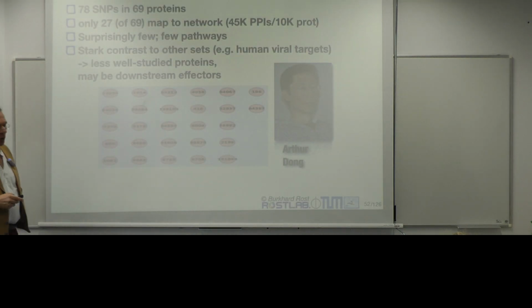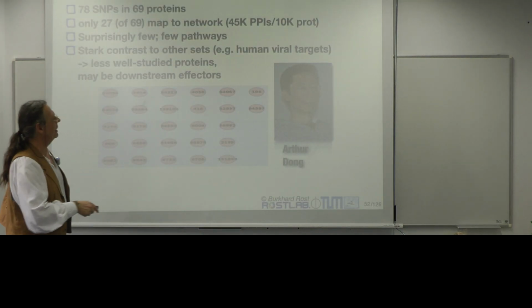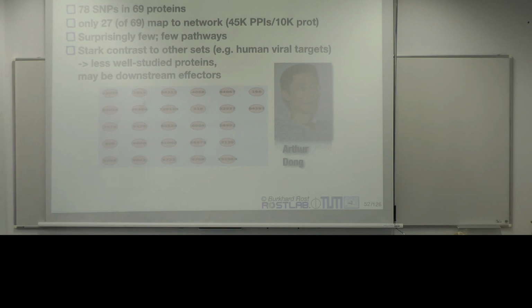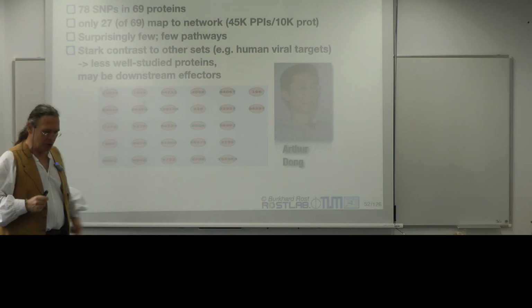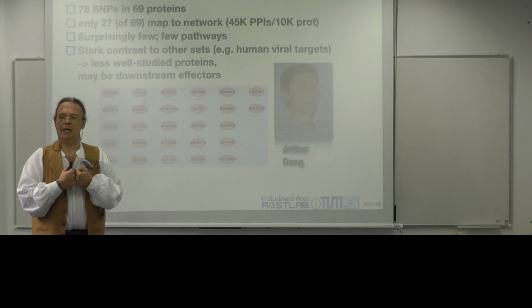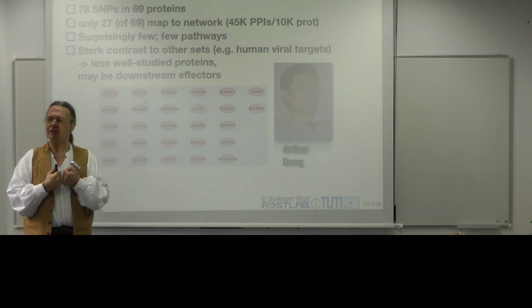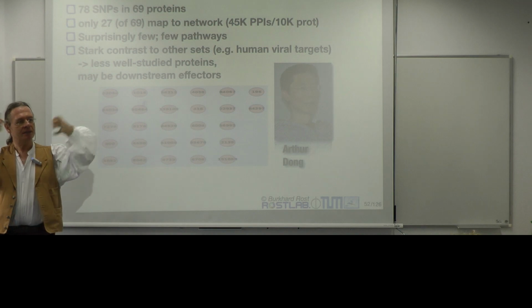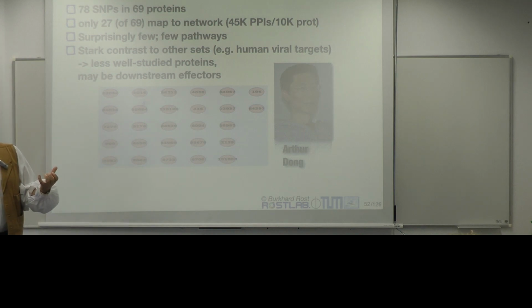And I'm going to leave it by that. I'm just going to show you one thing that went wrong, and that was done by Arthur Dong. So Arthur Dong put these 78 onto the protein interaction network and simply asked, well, for all these 78, how do they affect this network of protein interactions? And it is a quality issue, but here you have essentially all the proteins related to these 78 and all their interactions.